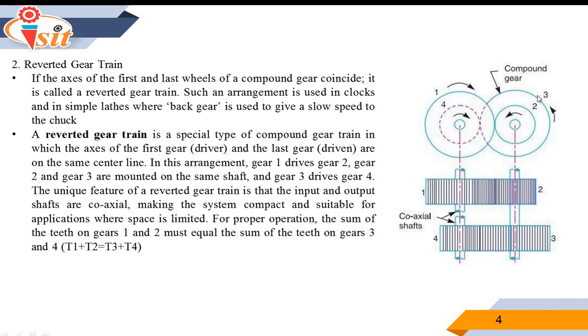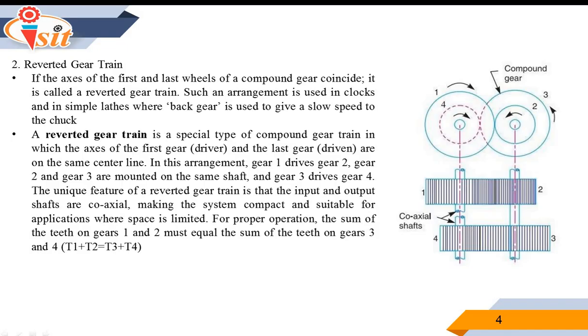Gear 2 and gear 3 are the compound gears because gear 2 and gear 3 are mounted on the same shaft, so gear 2 and gear 3 have the same speed. Gear 3 is meshing with gear 4. These gear 1 and gear 4 have coaxial shafts.